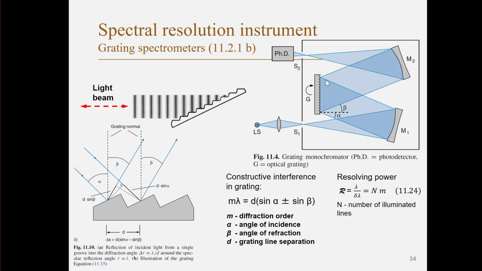Then the light comes out collimated, and different colors come out collimated in different directions. Then we have a focusing mirror, and we could have put the detector infinitely far away, but that's of course very impractical.